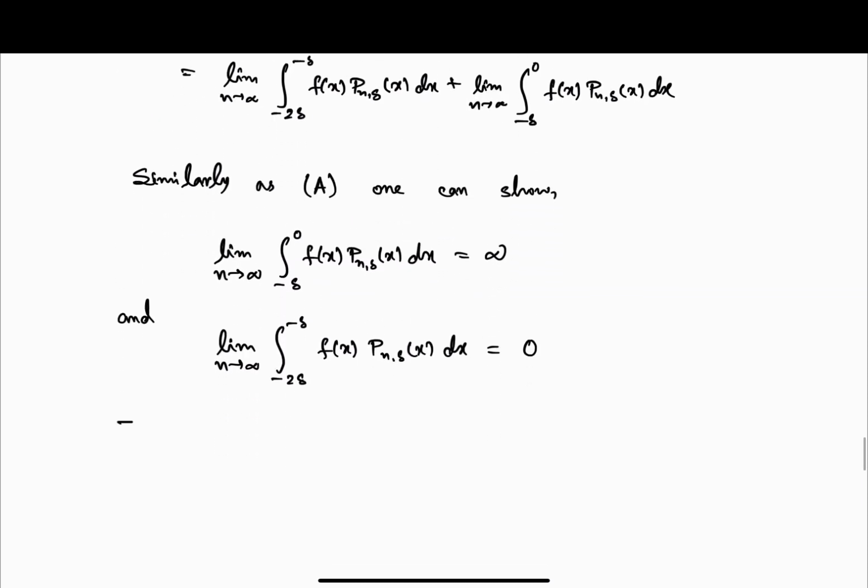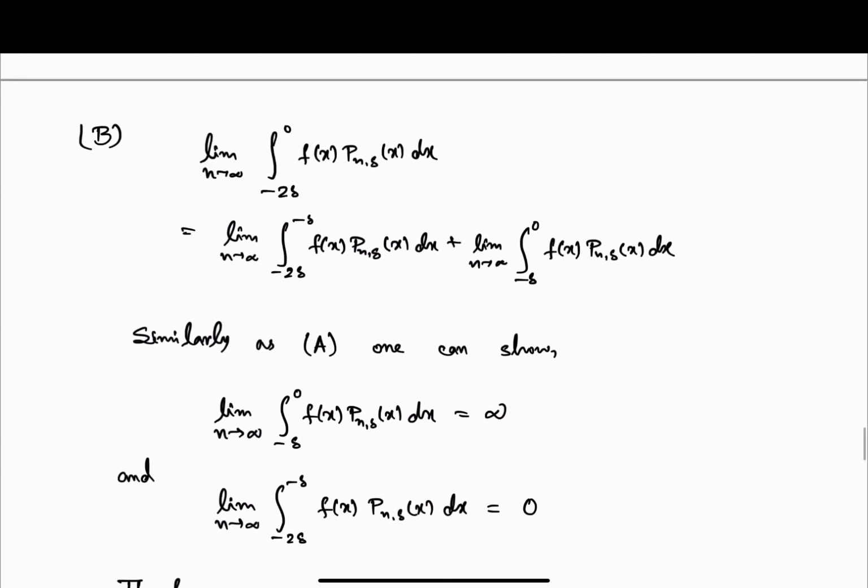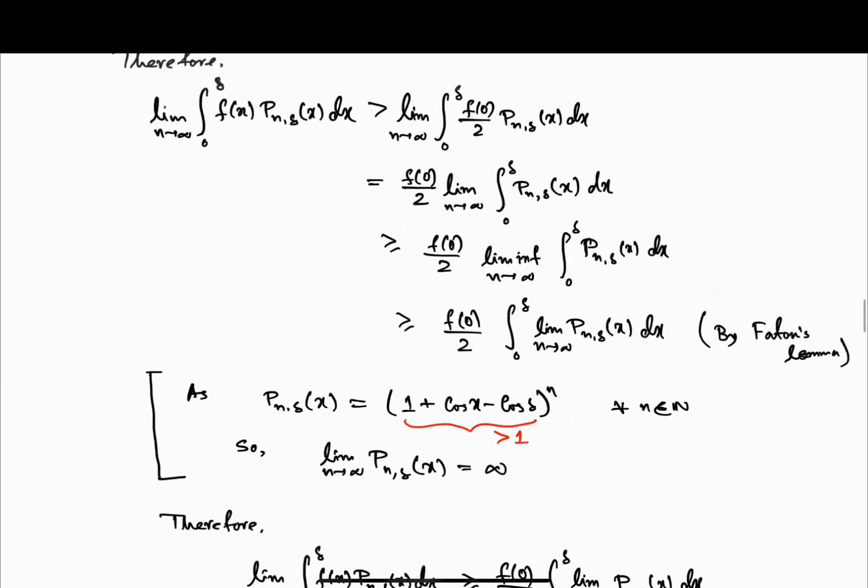Therefore, the overall limit, again, will be infinity. Limit n tends to infinity, minus 2 delta to 0, f(x) p_n delta(x) dx is infinity. So option B is again similar.